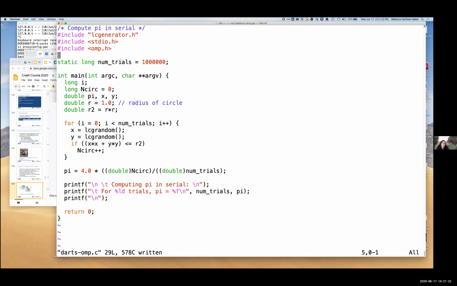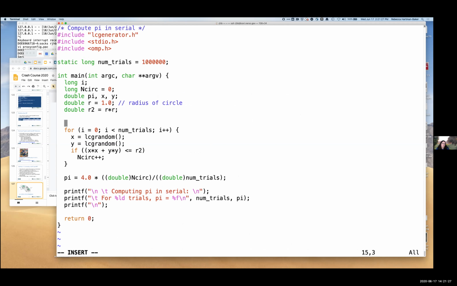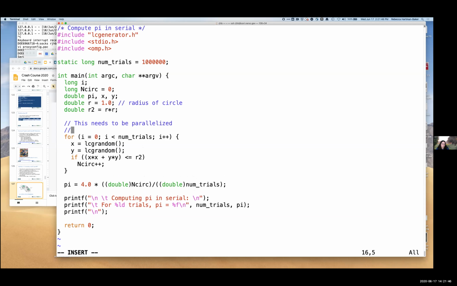Okay, so let's see. This is the thing right here. This needs to be parallelized. This is a for loop, so we need to have a parallel section. So pragma omp parallel.